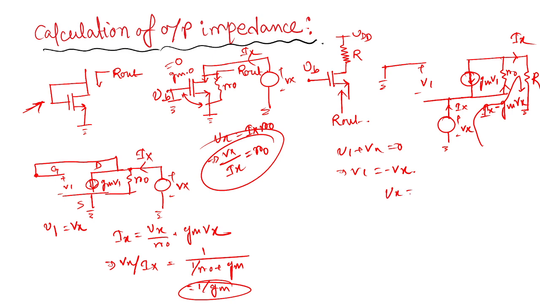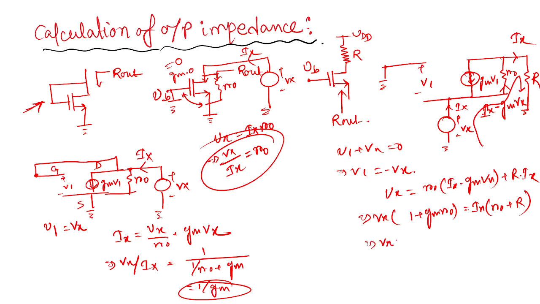It becomes Vx equal to R0 times (Ix minus gmVx) plus R Ix. So if you take Vx common, it becomes (1 plus gmR0) Vx, equal to Ix into (R0 plus R).